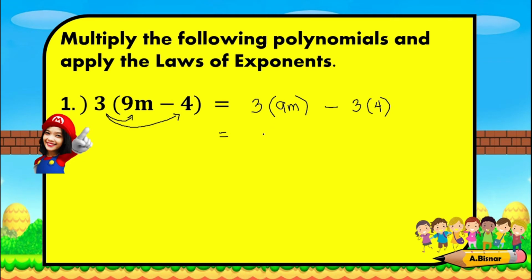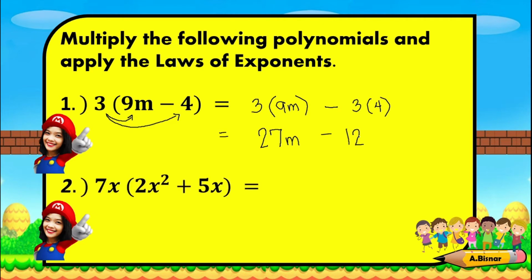3 times 9m, you have 27m. Minus 3 times 4, you have here 12. And so the answer will be 27m minus 12. Another, 7x times the sum of 2x squared plus 5x.